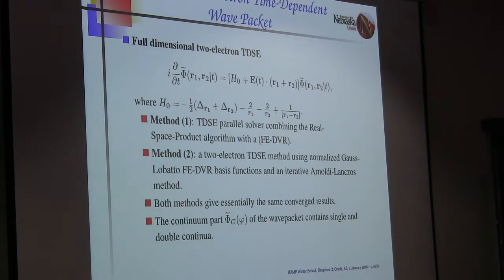But our numerical calculations treated correlation for helium exactly. I mean, we solved the two-electron time-dependent Schrödinger equation, and there were no perturbative approximations. What I'm saying is that the results of those fully ab initio numerical calculations could be analyzed using our perturbation formulas.